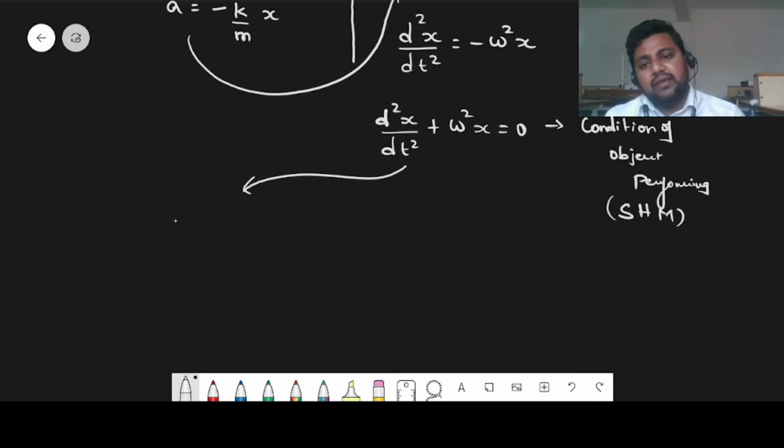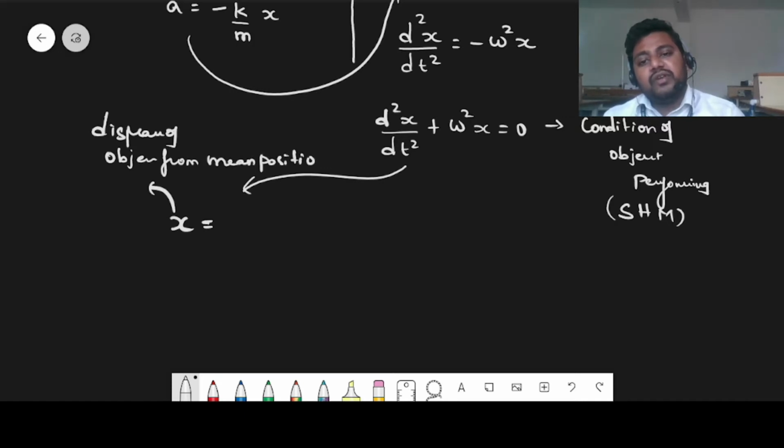Now, solving this equation, we will end up with a final value of x. Since x is the displacement of the object from the mean position, this is a function of time.